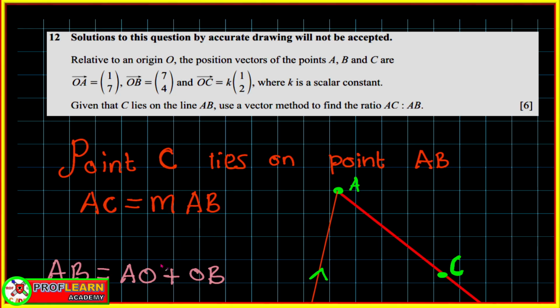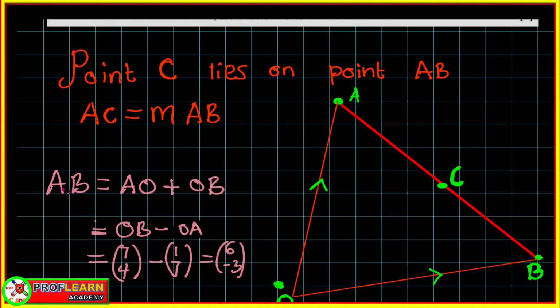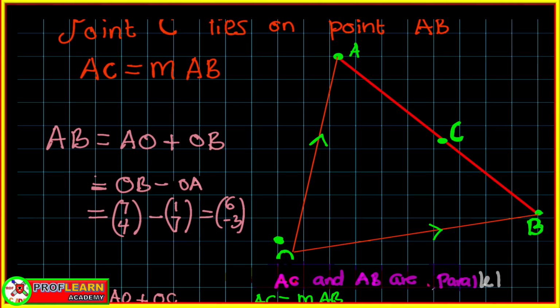So before doing anything else, we are supposed to find what AB is. From A to B, you have to move from A to O, then O to B. You have to use that route.